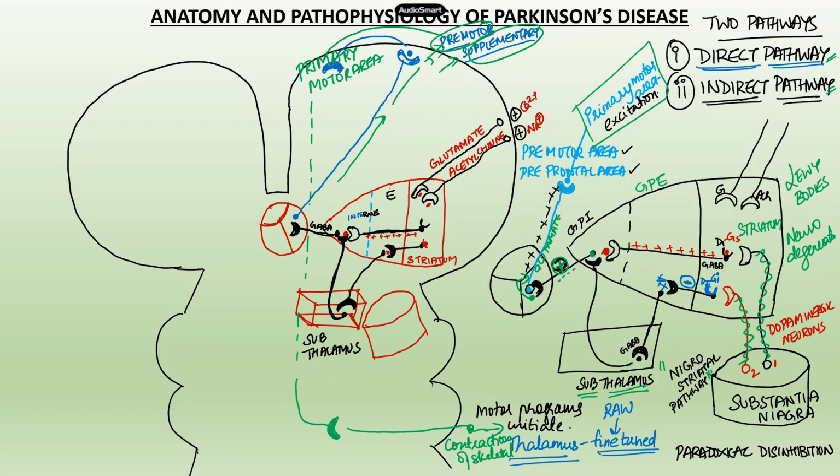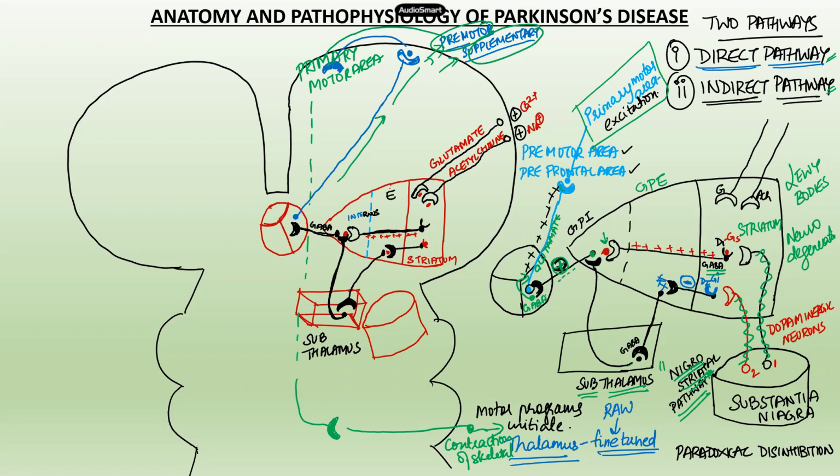Now in Parkinsonism, the dopaminergic neurons of the nigrostriatal pathway get degenerated, and when they degenerate, the GABAergic neurons are not stimulated, which means they will not be releasing GABA over here. And when they are not releasing GABA over here, this particular neuron will not get inhibited. And when it doesn't get inhibited, it will release GABA over here.